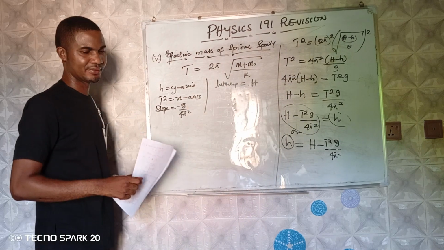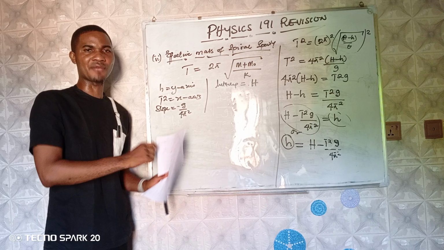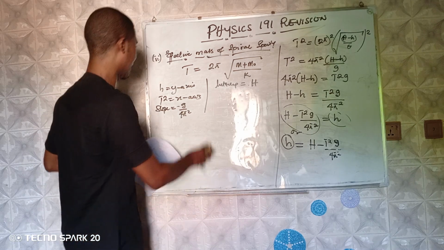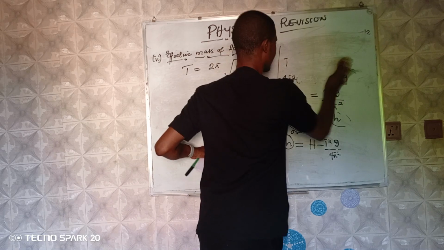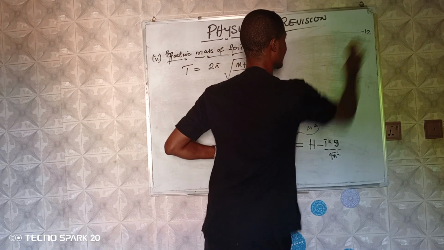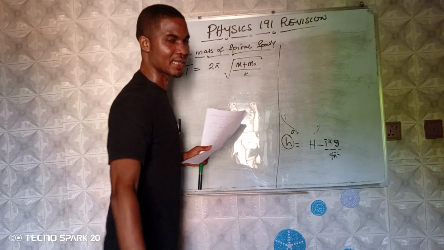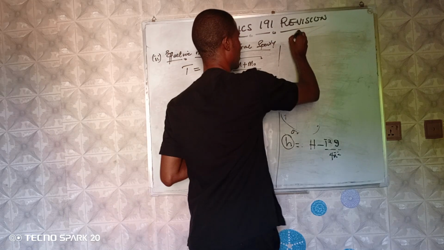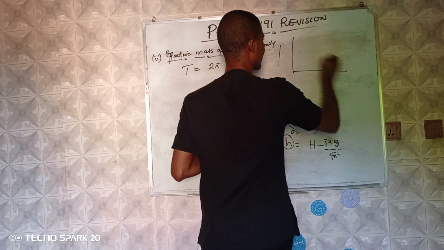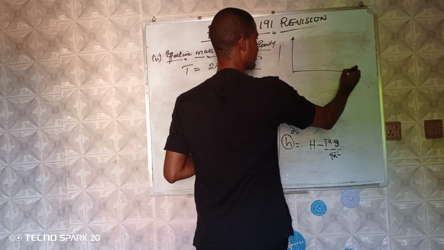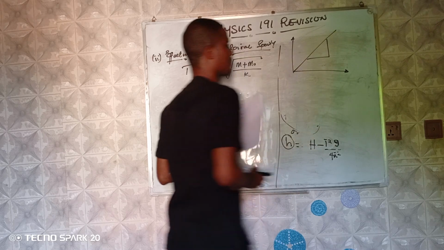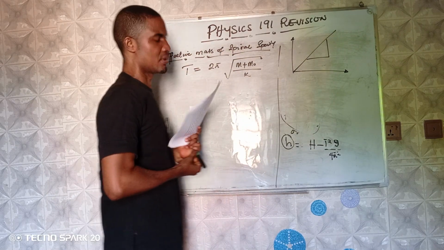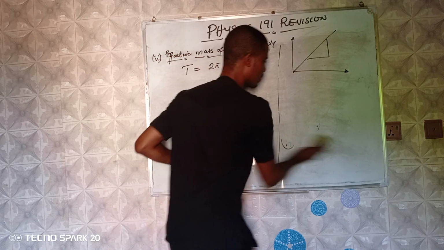What does it really mean to have a positive slope and to have a negative slope? I want to show us something there now. If I have a positive slope graph, it will look like this. This is a positive slope graph. But if I have a negative slope graph, it will look like this.